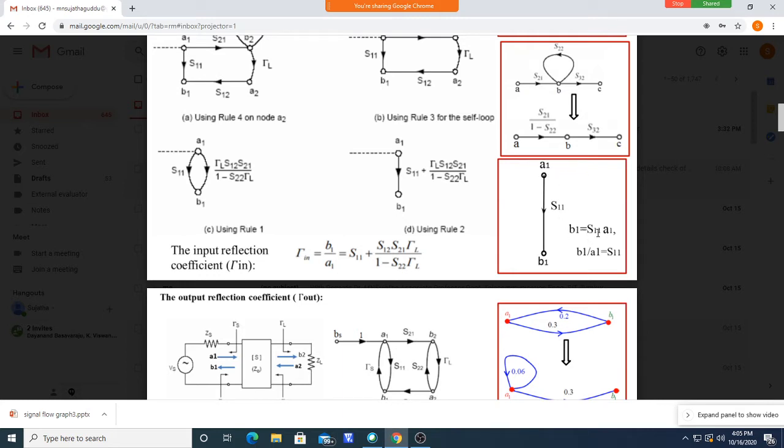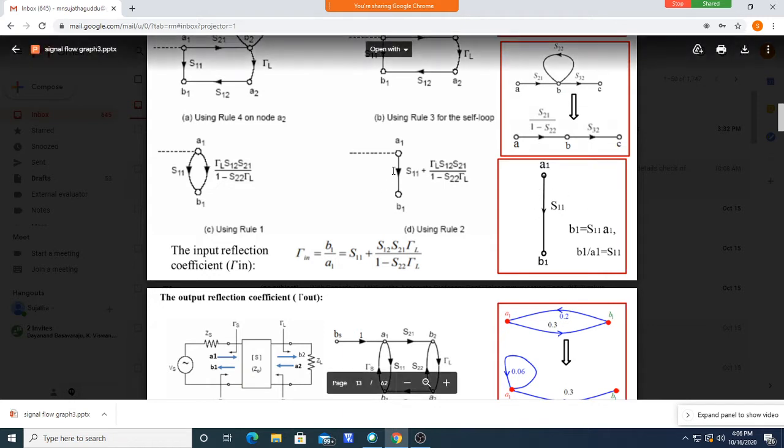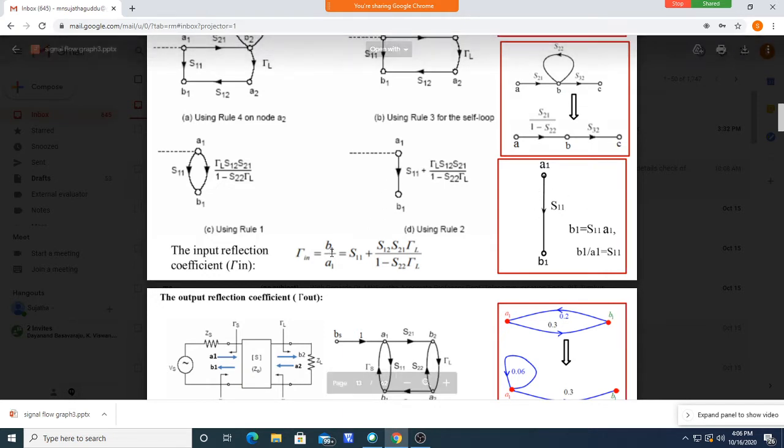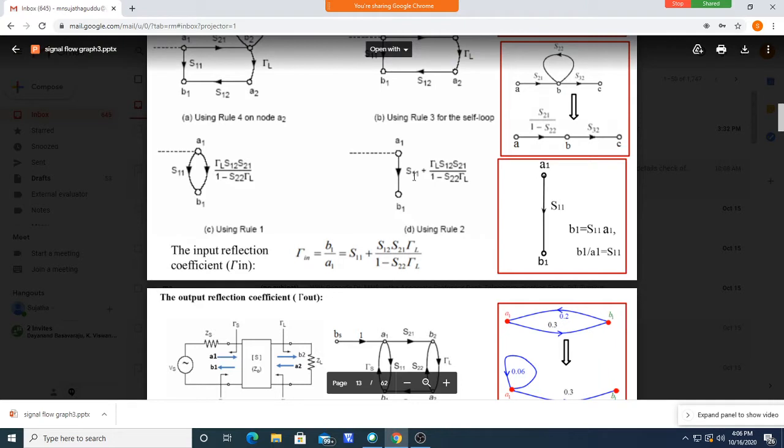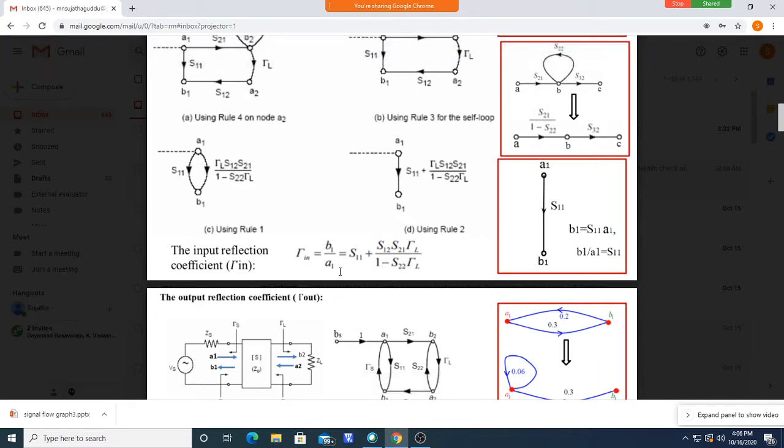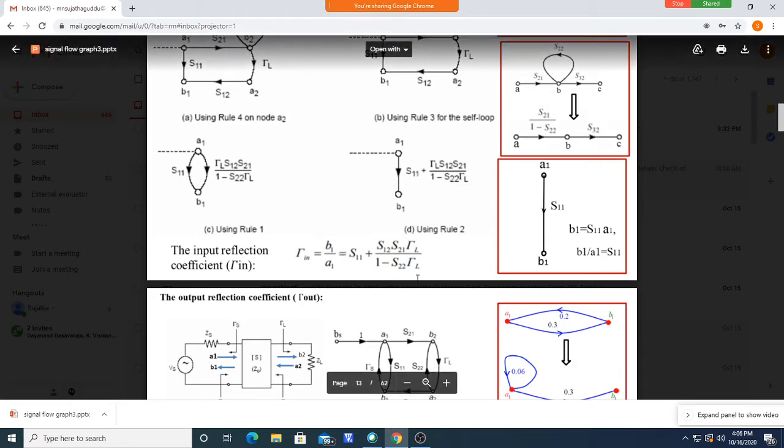So B1 is equal to S11 A1, that is, B1 by A1 is equal to S11. Using this, B1 by A1 equals this. This tau in is the input reflection coefficient, and it is given by this equation.